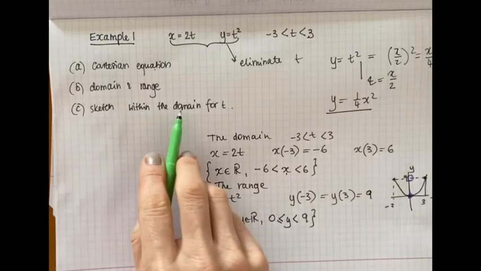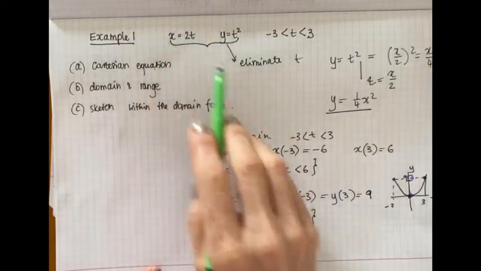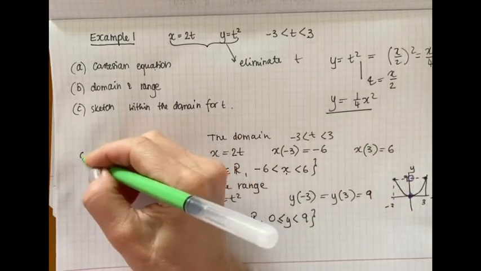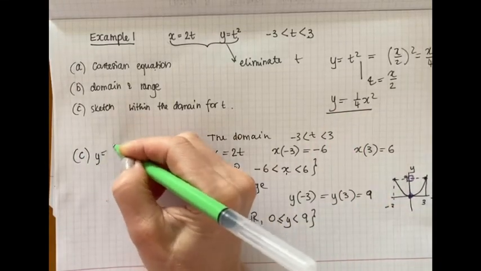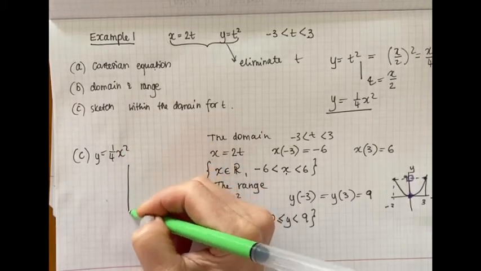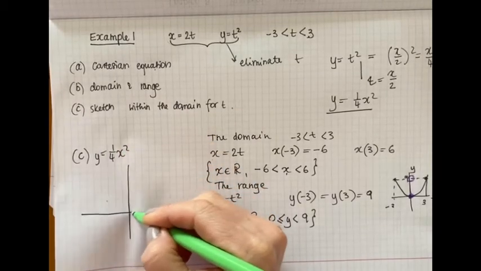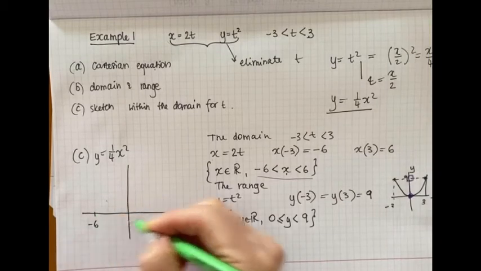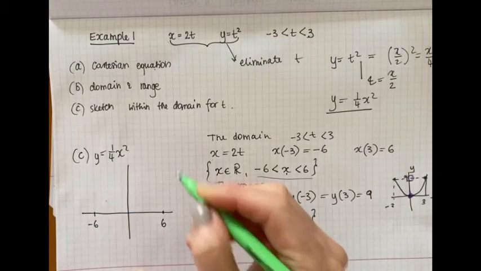So sketch now the quadratic function that we found, y equals a quarter x squared. So we are going to sketch this one from its Cartesian equation between the values of x from -6 and 6.